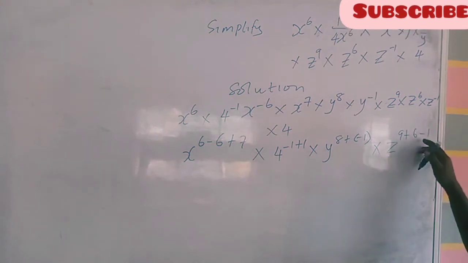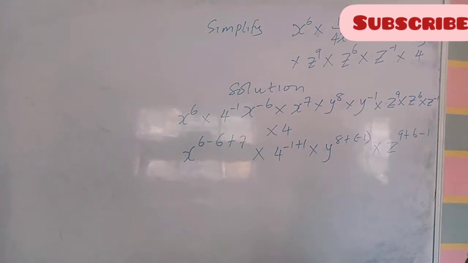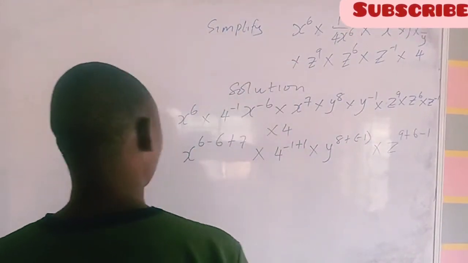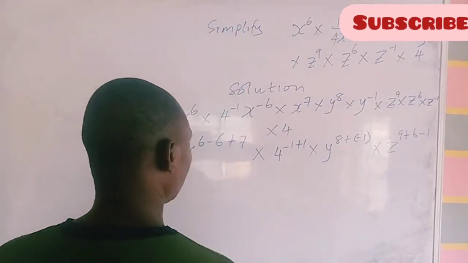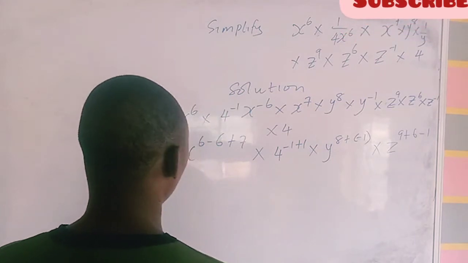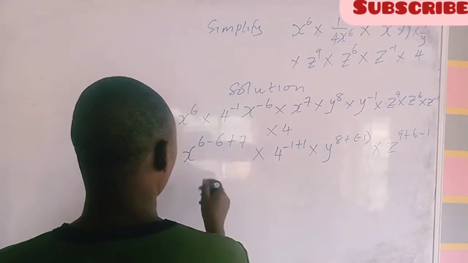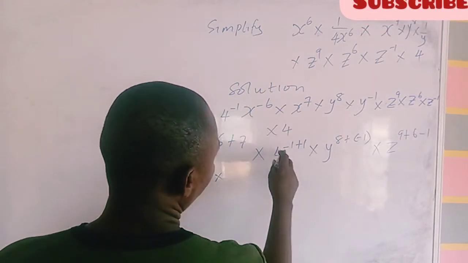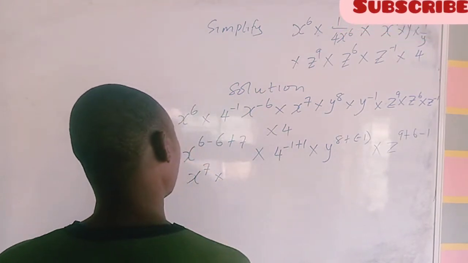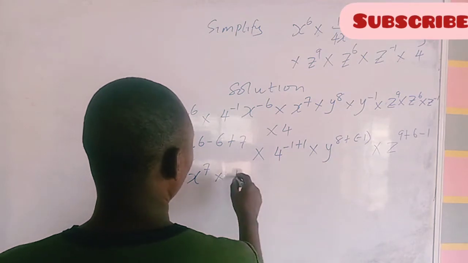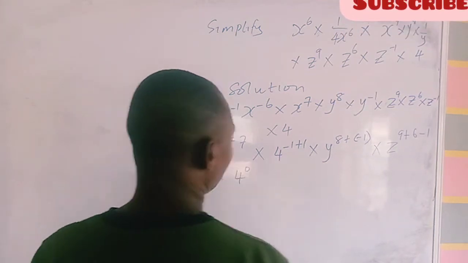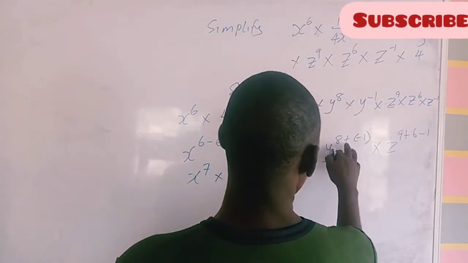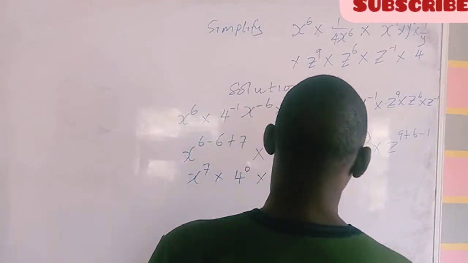The same thing applies: minus times plus will give us minus. So 6 minus 6 is 0 plus 7, we have x raised to 7 times 4 raised to minus 1 plus 1, we have 0, 4 raised to 0. Then we have times y raised to power minus, times plus becomes minus.